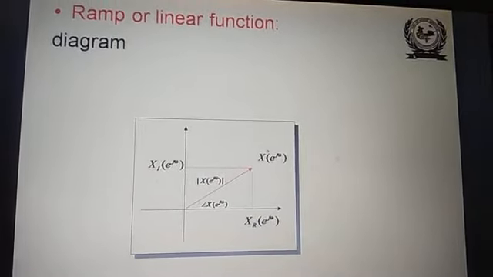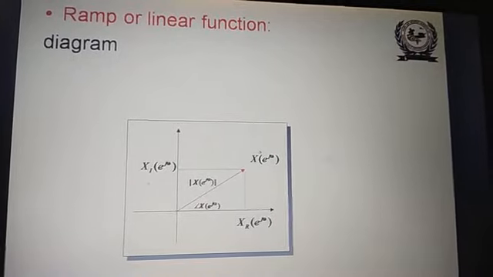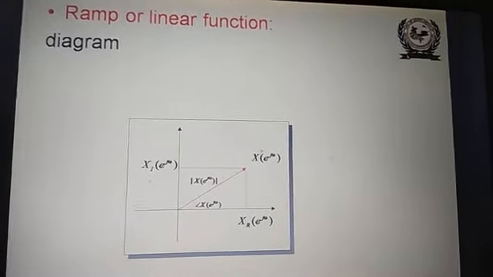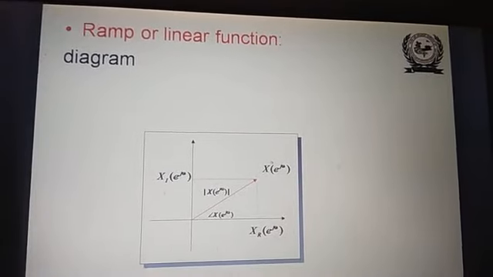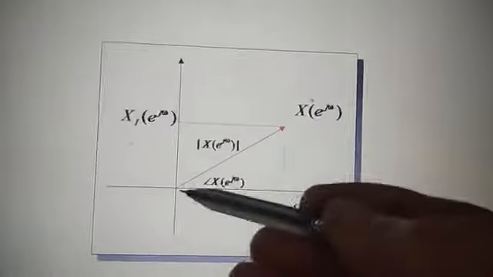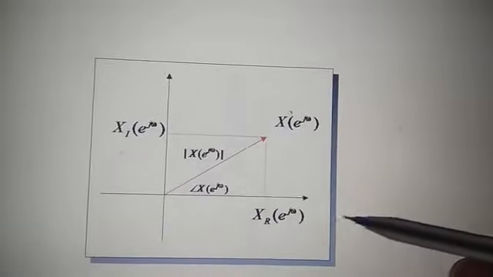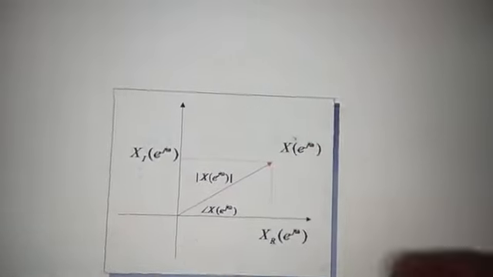Similarly, r of n is equal to n. n is the time index in discrete time. This is called a ramp or linear function. This changes linearly with respect to time. This is time and this is amplitude.